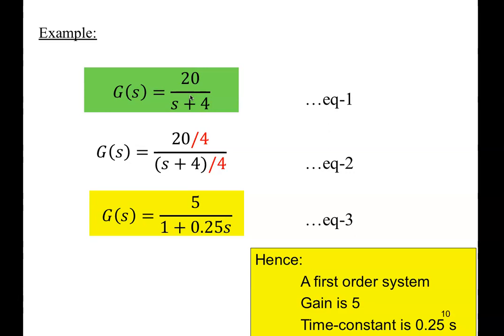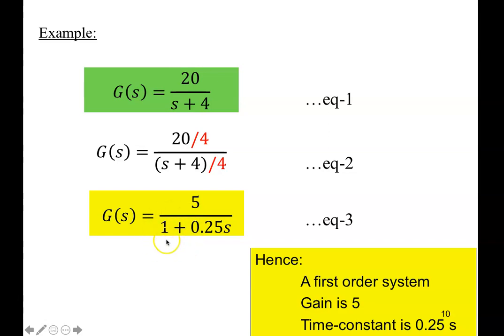Let's say I want to convert that into the standard format on this slide. So I divide the numerator and the denominator by 4, as shown in equation number 2. So 20 divided by 4 gives me 5. s divided by 4 gives me 0.25 s. 4 divided by 4 gives me 1 plus. Now I have 1 plus in the denominator.